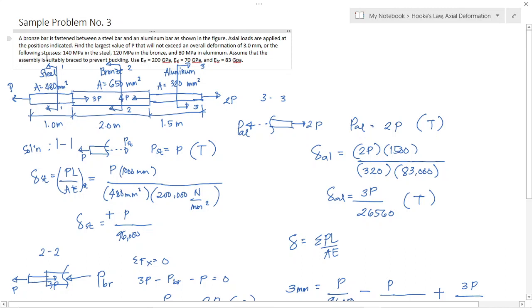overall or the following stresses, 140 MPa in the steel, 120 MPa in the bronze, and 80 MPa in the aluminum.